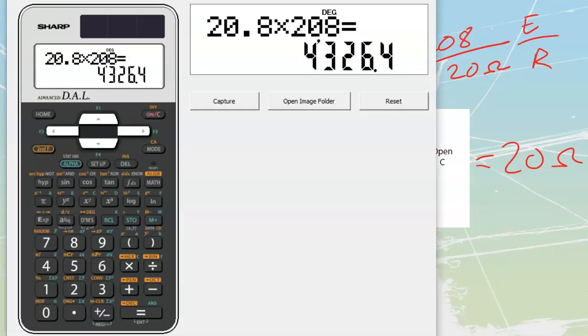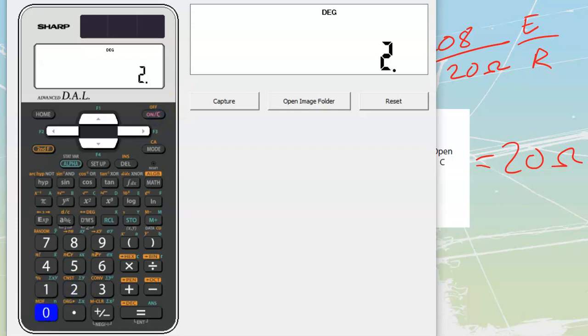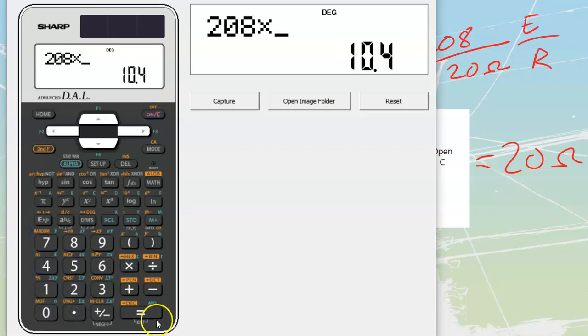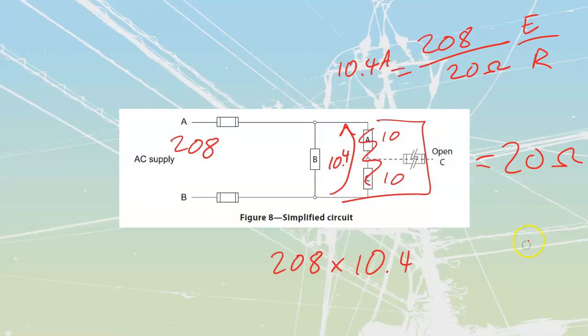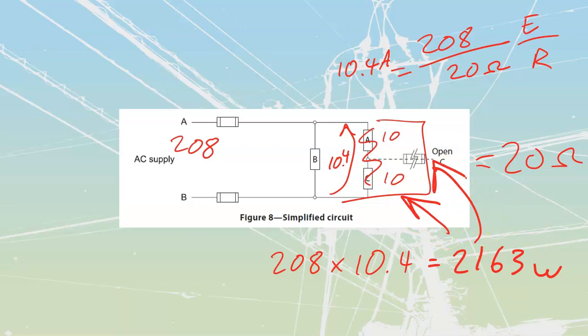Let's just take that into our calculator over here. 208 multiplied by 10.4 gets us to a value of 2,163. We'll just write that one down. 2,163 watts. That is the total amount of watts that I'm going to have from the combination of these two placed in series.